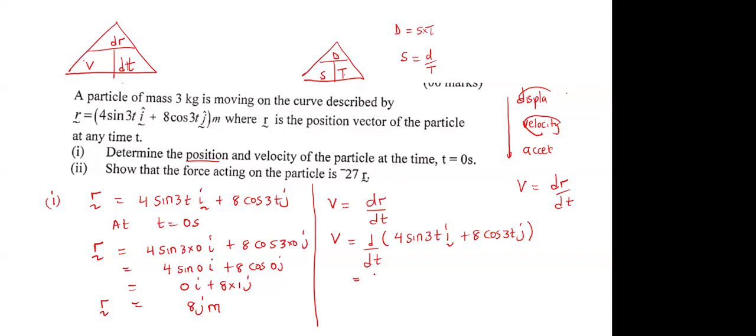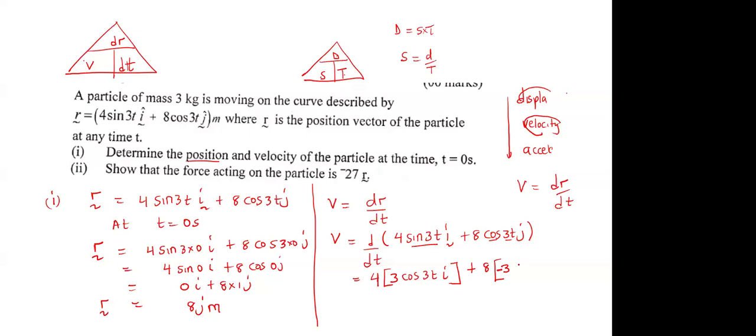So here, class, we shall have our 4 first. Then I differentiate what is inside. I'll have 3 cos of 3t. Then plus, I first put the 8 out. I differentiate the angle, I'll have 3. But we have said when we are differentiating cos, we get negative.